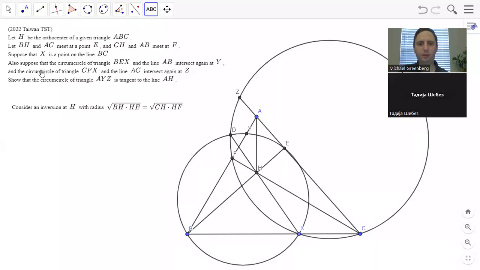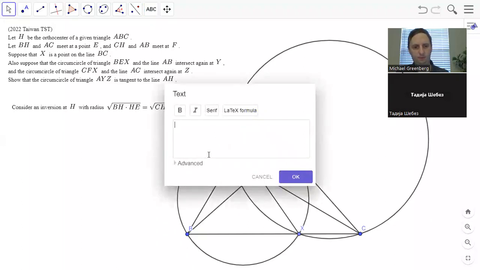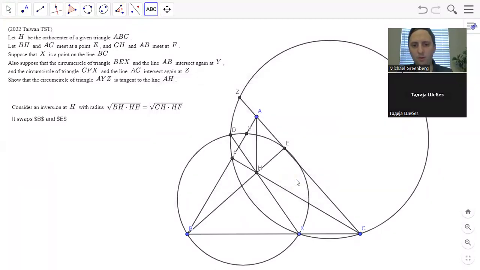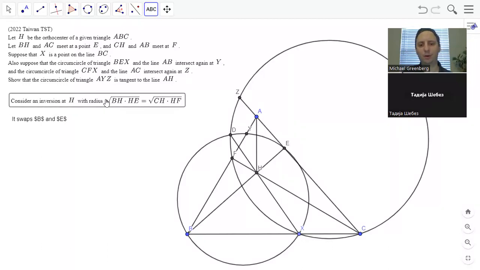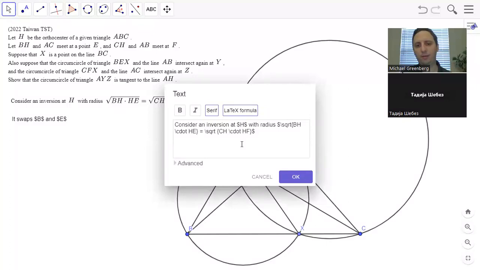It swaps B and E, C and F, and D and X. You should maybe write that you reflect everything around H after the inversion. Why? Oh, so that it doesn't, yeah. So it's like followed by a reflection across H. Okay. So it's like a negative, yeah.